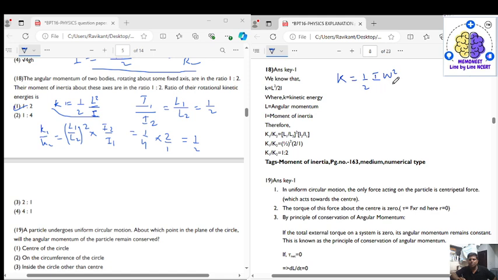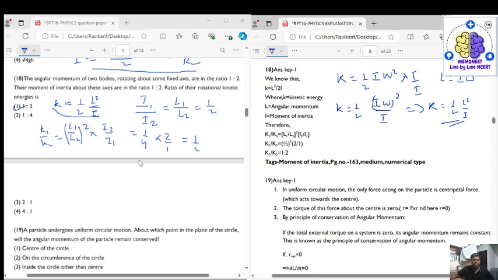Now this omega is multiplied by I upon I. This will become K equals half I omega whole square upon I. And what is I omega equal to? I omega is equal to L, since L equals I into omega, right? So we put it here and we get K equals half L square upon I. This is how we got the formula, right?